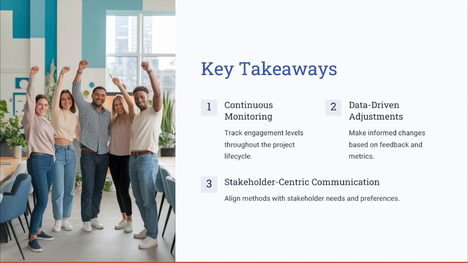Successful engagement ensures stakeholder alignment and project success. We also talked about the importance of continuous monitoring of the engagement level throughout the project life cycle, and always tailoring your communication to be stakeholder centric, which aligns the communication methods with the stakeholder needs.